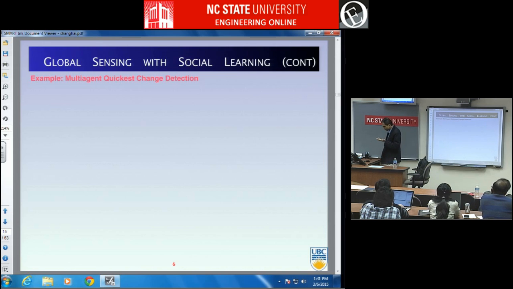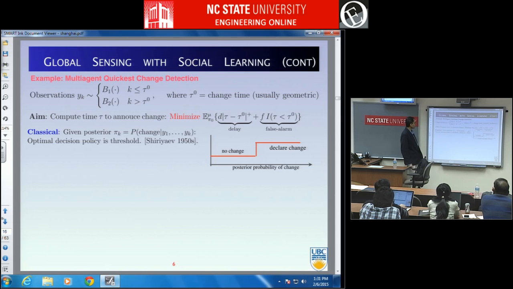Quickest change detection is one of the simplest examples of a stochastic control problem. First I'm going to describe the basic quickest change detection in the classical sense, which has been known since the 1950s. And then I'm going to show you what happens when you apply social learning to this problem and how it makes a substantial difference. So let's first talk about the basic quickest change detection problem.